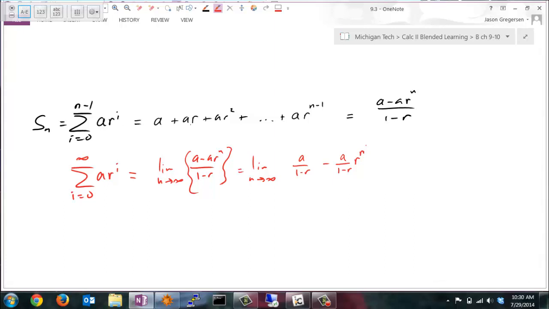Now, what's the limit? I have the limit of this difference here, so I can take the limit of each of the pieces. What's the limit of a over 1 minus r as n goes to infinity? There are no n's here. So the limit of that first piece is just a over 1 minus r.